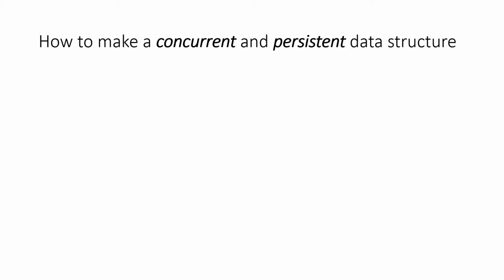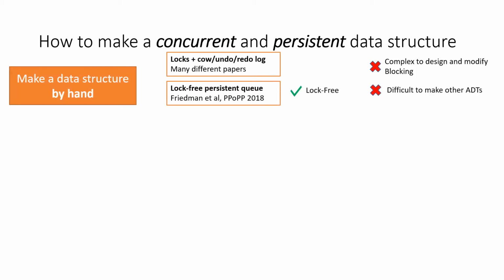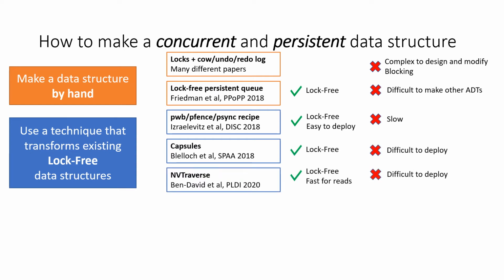When the goal is to obtain a data structure that is concurrent and persistent, there are three main roads to get there. We can make a data structure by hand. This typically is complex and requires one data structure, one academic paper. Or we can apply a kind of recipe to an existing lock-free data structure.